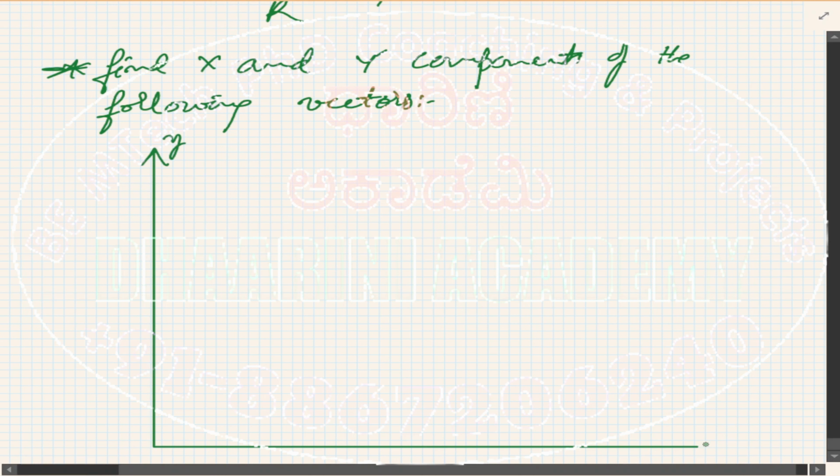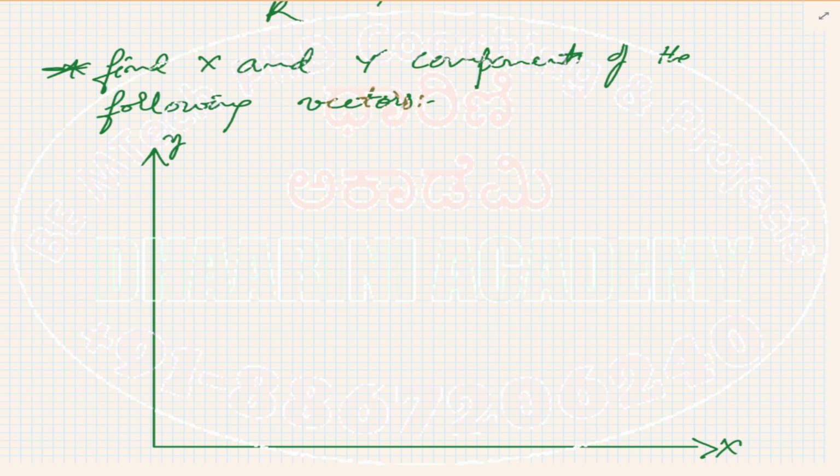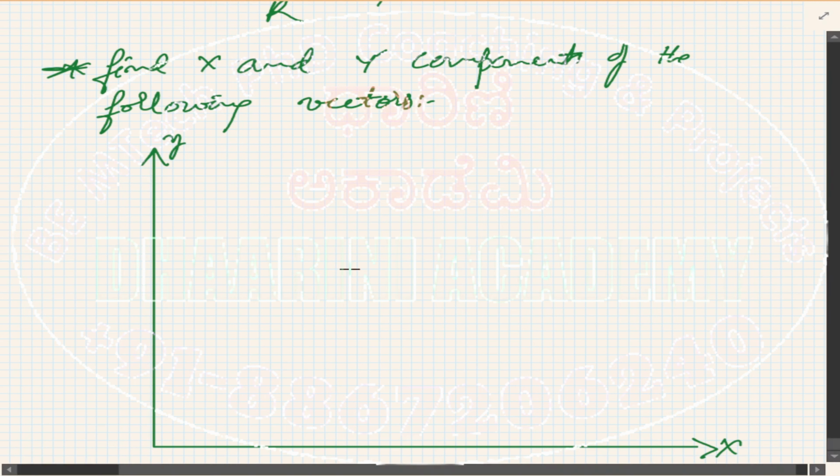This is y, this is x. Now let's write two vectors. Vector number 1 is this, and vector number 2 is this.